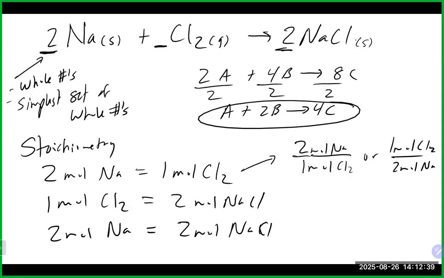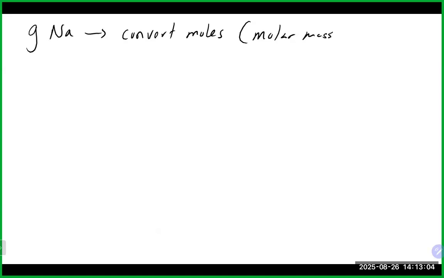So in a basic stoichiometry problem, for example, if you knew how many grams of sodium you started with, you want to know how many grams of sodium chloride you would produce. The steps that you would follow in this case is you would take the grams of sodium and convert to moles, using the molar mass to do that, in most cases.